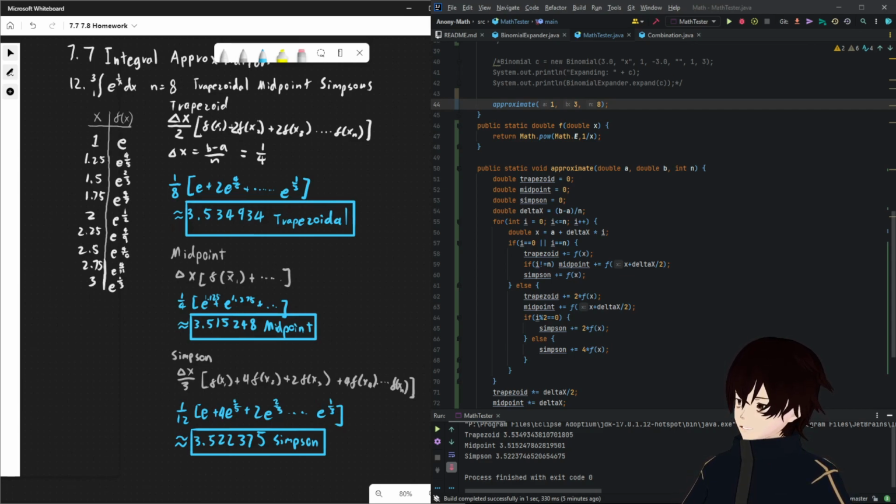No, 1 over x. And go. What is this? I just wanted Simpson. That's not Simpson's rule. Oh, it's calculating the margin of error. No, I don't want the margin of error. I just want the estimate.